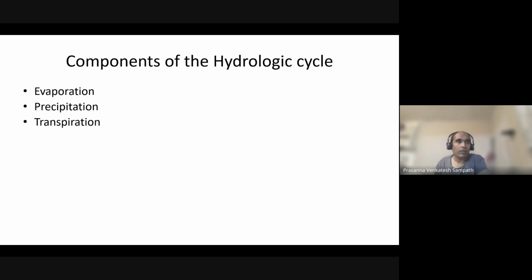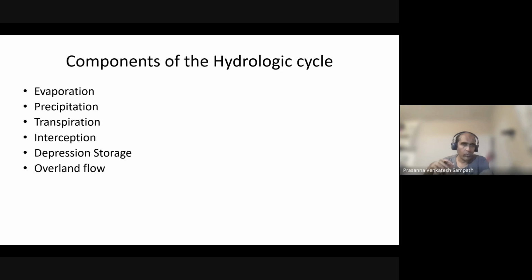Anyway, then there's interception, which is the portion of precipitation that gets intercepted by the leaves of the vegetation. It could also be a building that prevents water from reaching the land surface, but that's relatively small. Then depression storage, I already told you about. Overland flow, surface runoff. Again, these two terminologies are kind of similar, referring to the same thing.